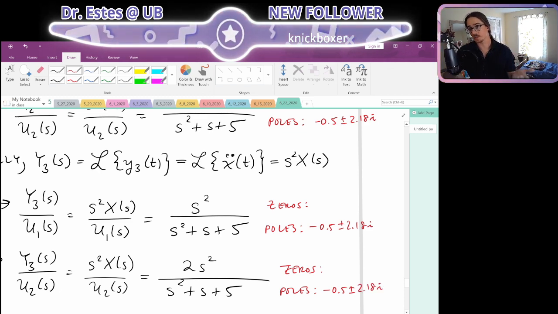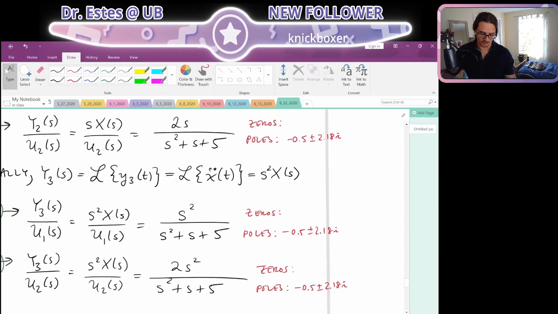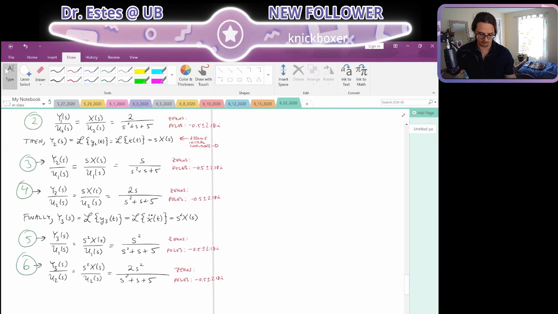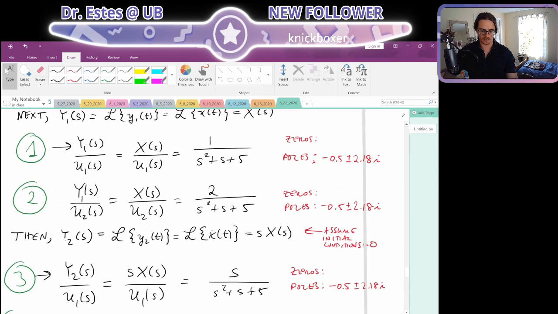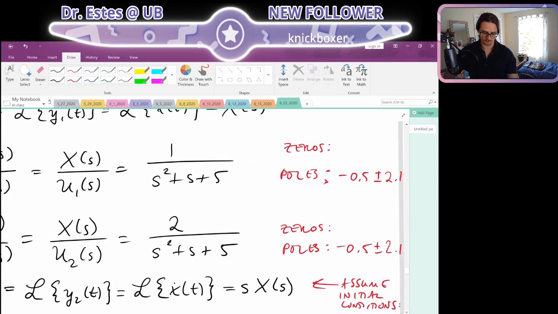That's one way to check your work. And they should all have the same poles for a given system. Zeros will be different. So all I did, I went through here and I labeled every single one to have the same poles as this first one.